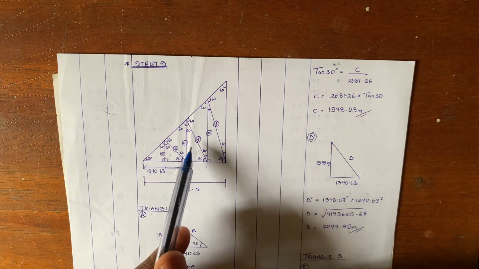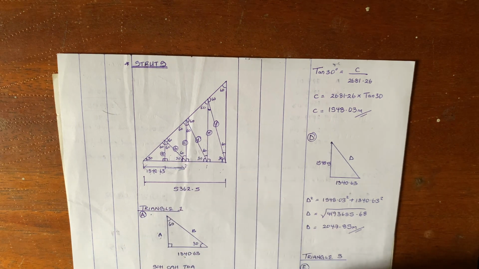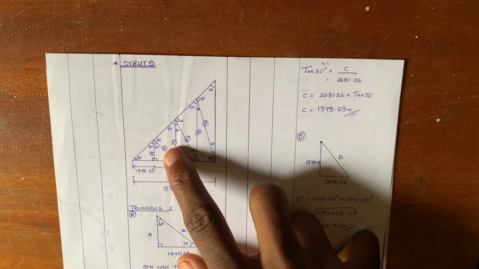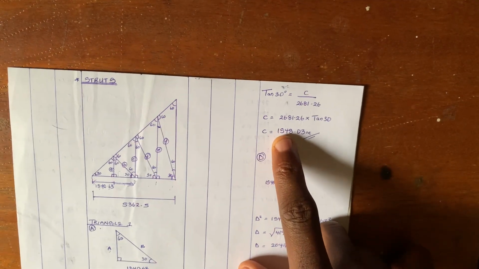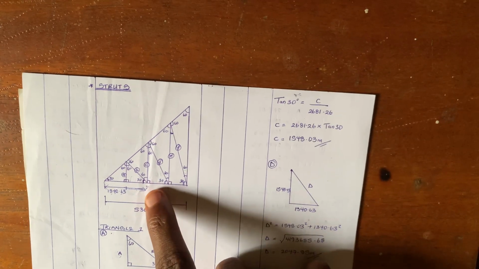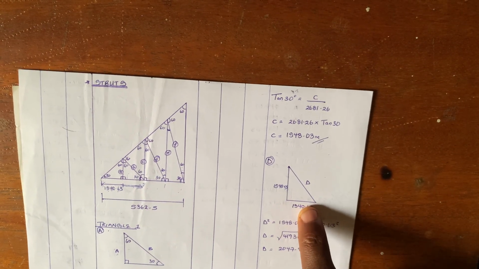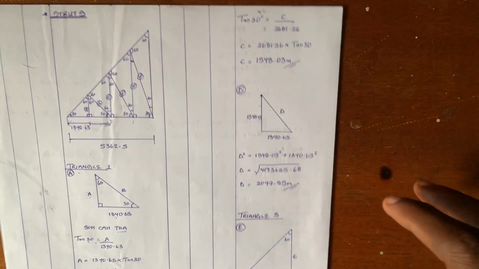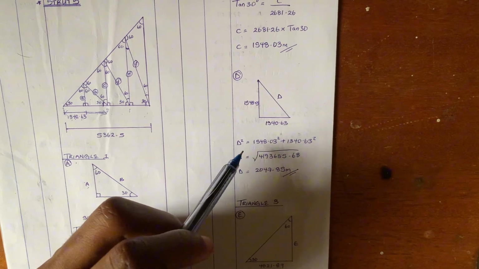Then we also need the value for C, which we've calculated as 1548.03. And then we've gotten the value for the adjacent side, which is 1340.63.